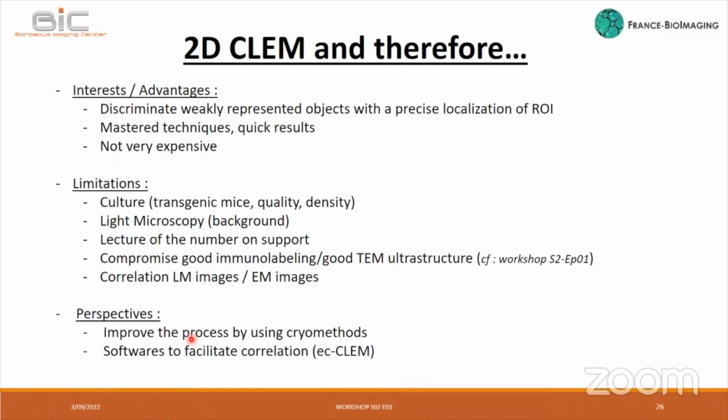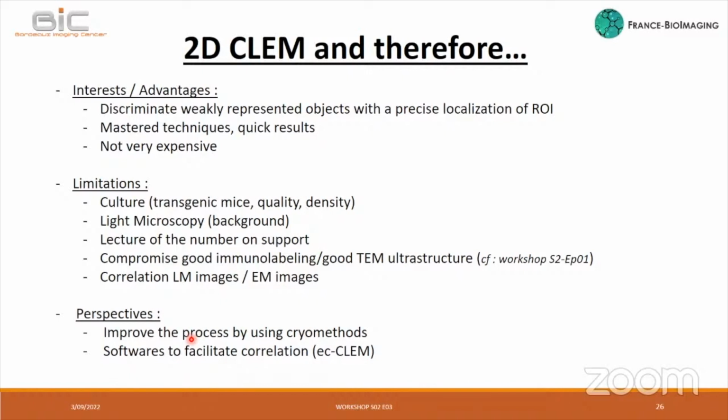But of course, in CLEM, the limitations are generally due to the culture, the quality of the culture and the density of cells. For example, if we have a high density of the culture, sometimes it's impossible to localize the region of interest at the surface of the coverslip.